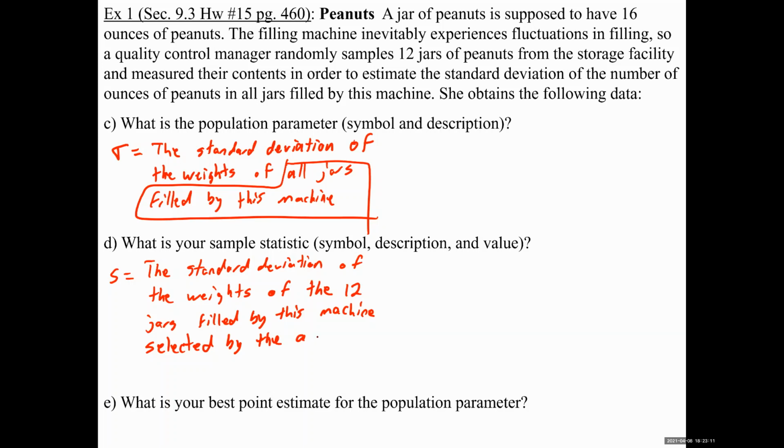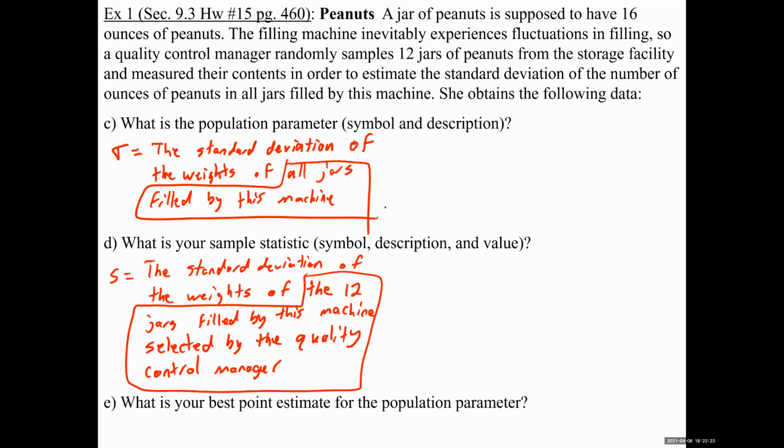I'm just writing down what I wrote earlier for the sample. So instead of the thing that's boxed there, we changed it to this, because that part is the population. Now I just changed it to the sample, but everything else stays the same.